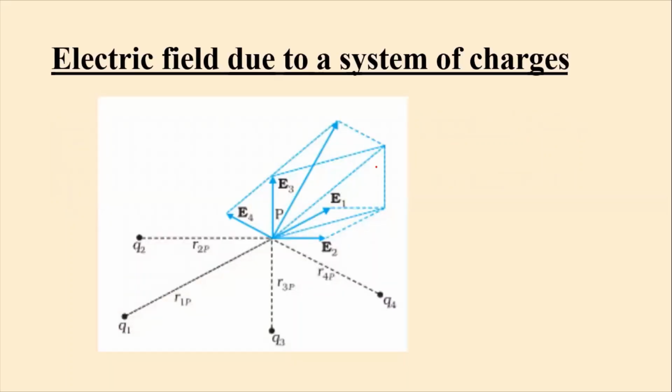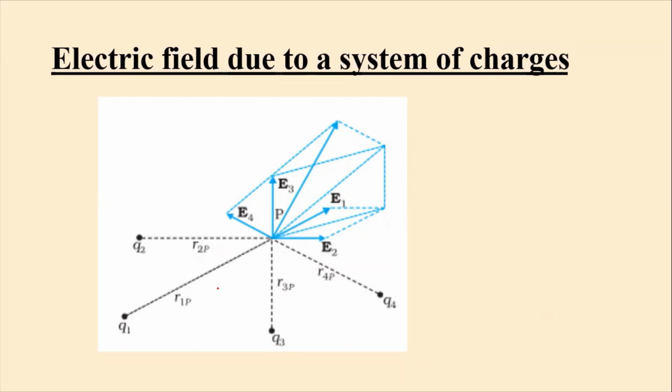So now with the understanding of what is electric field and how the force is experienced on a test charge due to the presence of a source charge, we are moving to the next advancement: electric field due to a system of charges. System of charges means there are more number of charges.